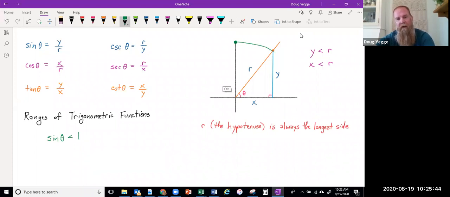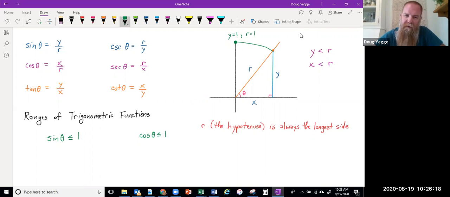In this situation, we should recognize that Y is equal to 1, but R is also equal to 1. So at certain angles, namely at 90 degrees, it's possible for sine of theta to be equal to 1. So sine of theta will always be less than or equal to 1, and cosine of theta, for the same reason, will also be less than or equal to 1.